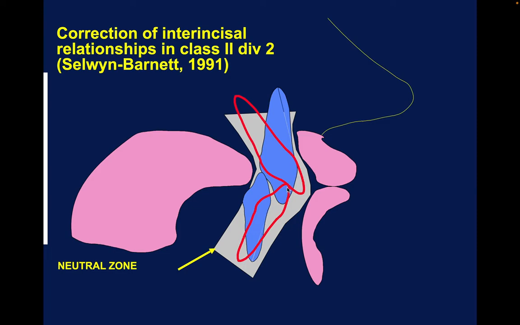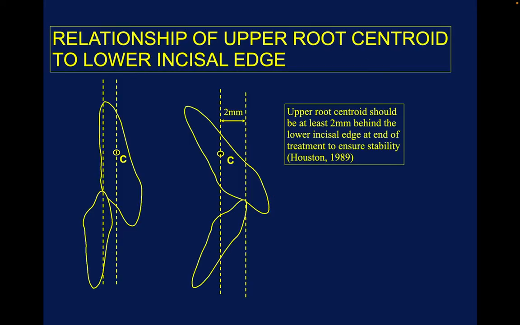So yes, you can procline and intrude these incisors because they are overerupted in the upper arch, and at the same time you can procline the lower incisors to correct the interincisal angle, and the lower incisors will not invade the lip space, because at the beginning the upper incisors were holding the lower incisors from the upper and lower lips. So basically what we're going to do is to procline and intrude the incisors in the upper and procline the incisors in the lower.